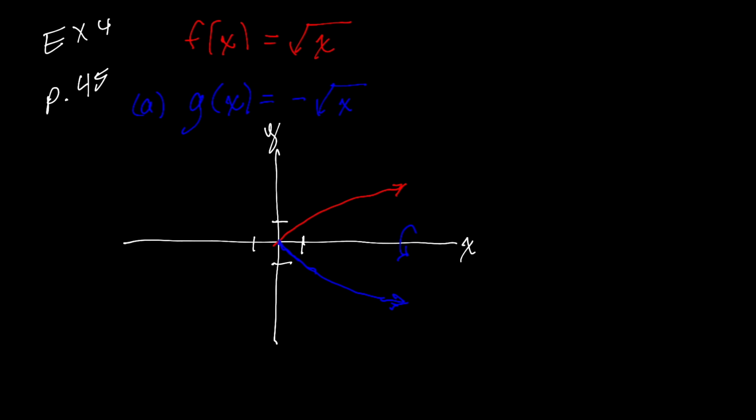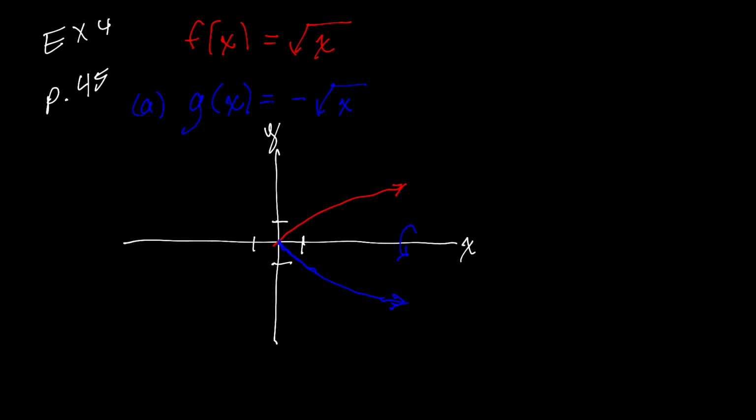Example 4, page 45. So the parent function is given as f of x equals the square root of x. So that is graphed here. Remember, we always start with the parent function. And then we're going to take the opposite of that function. Well, the opposite of this function just means you're moving it down underneath the x-axis.